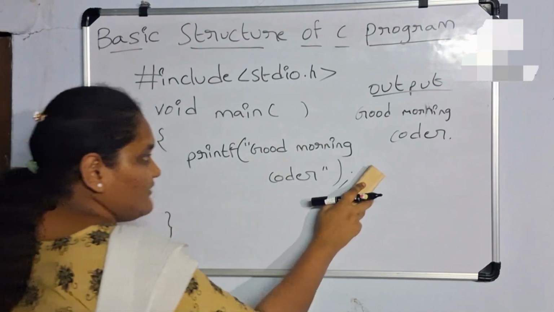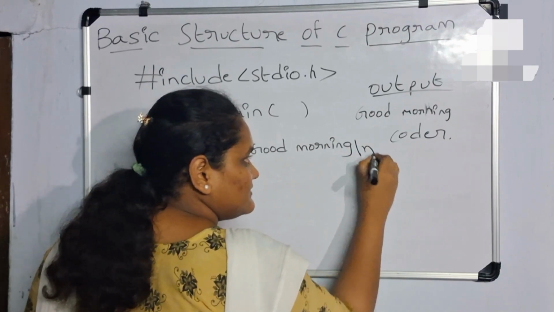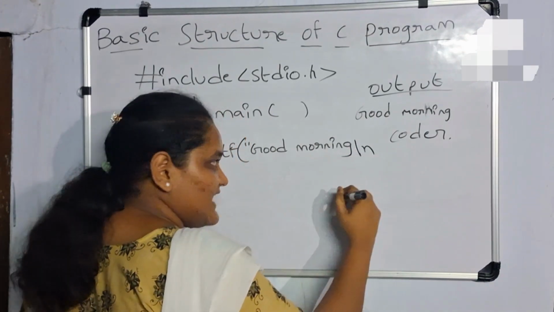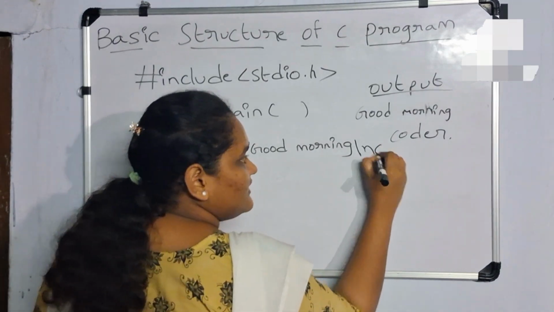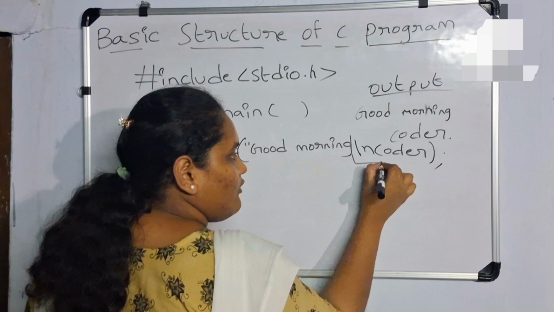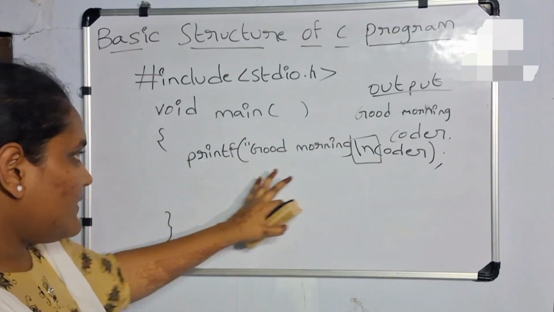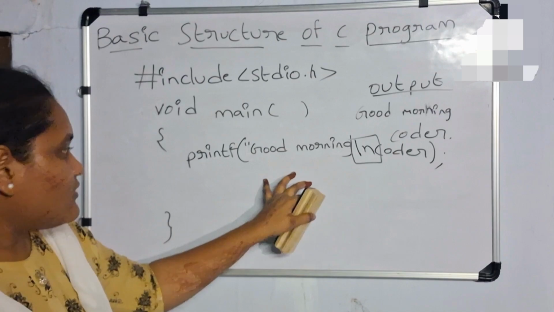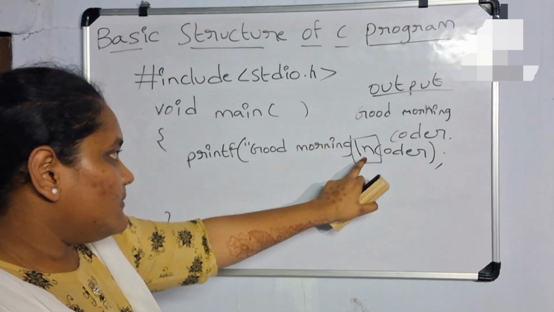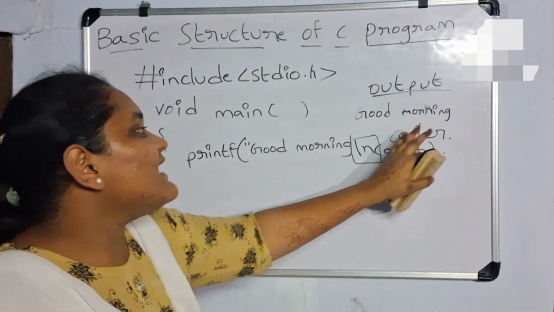For that, what we have to do is keep some \n. What this means is new line. When the compiler compiles this line of code and we run it, this \n will be printed as a new line.